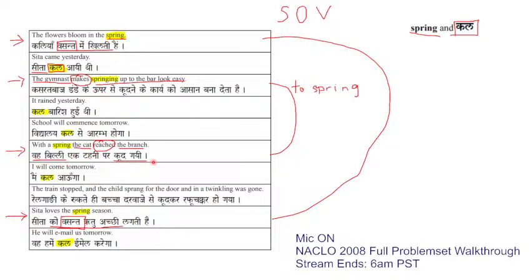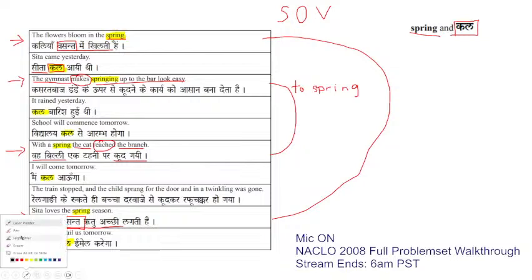No. Okay. It doesn't seem to be any common words, but then again, it's like springing versus with a spring.